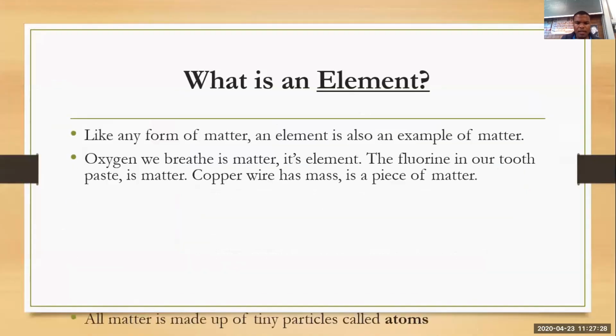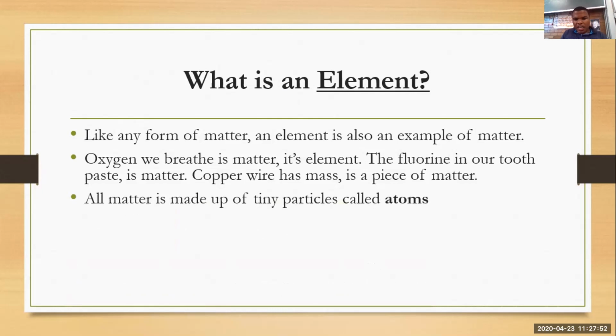It's a piece of matter because it occupies space and also it has mass. So an element is an example of matter, just like all the other examples that we gave of matter.